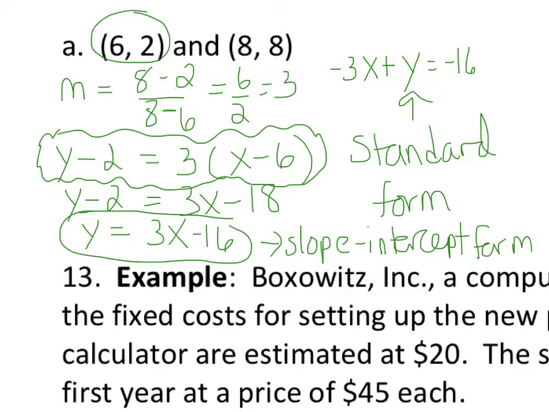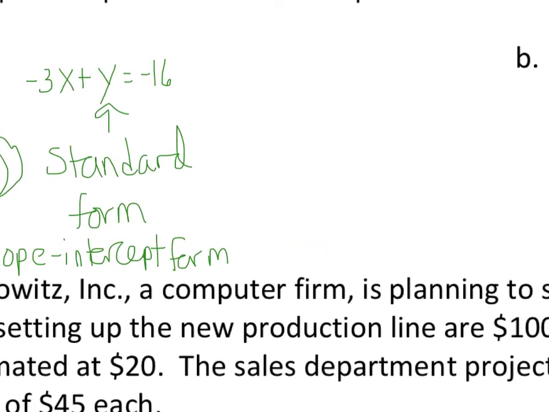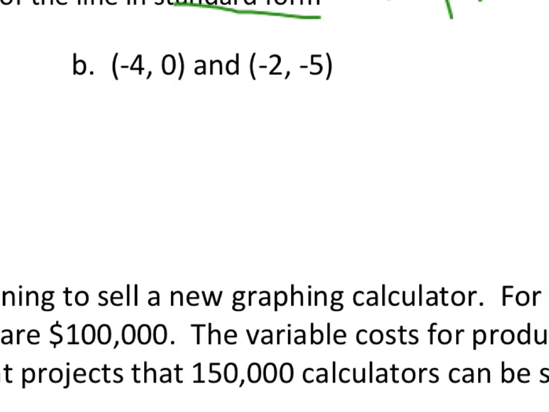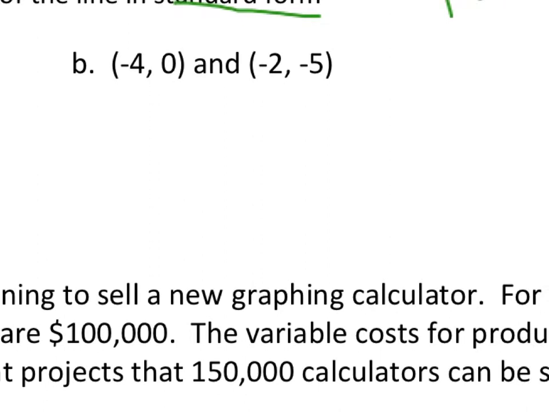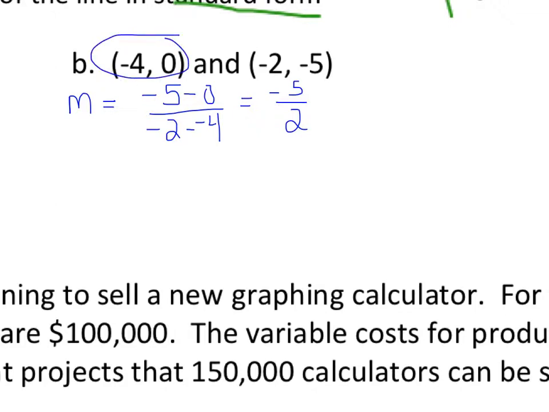All right, example B. Again, we want to start with the slope, so m is equal to -5 minus 0 over -2 minus a -4. So it's a -5 in the numerator and a +2 in the denominator. So we pick one point. I'm going to, again, just pick the first one. Doesn't matter. And plug that in.